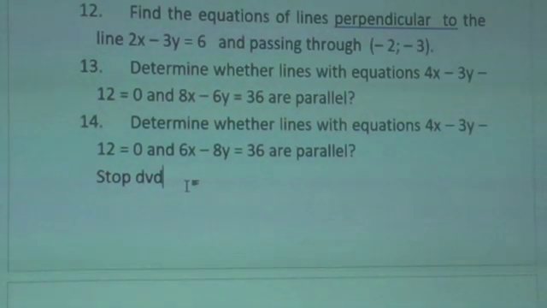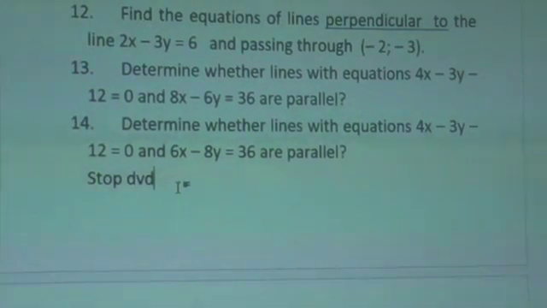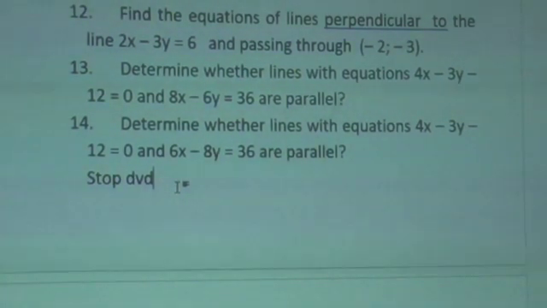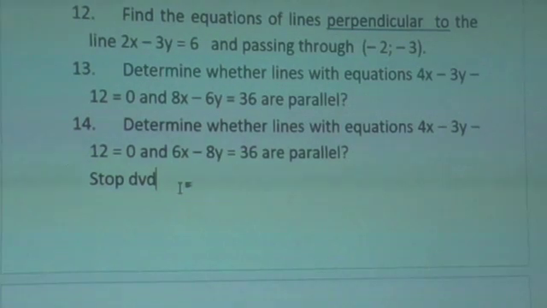And we are given 6x minus 8y is equal to 36. And we want to know whether the lines are parallel. Once again, bring to standard form.